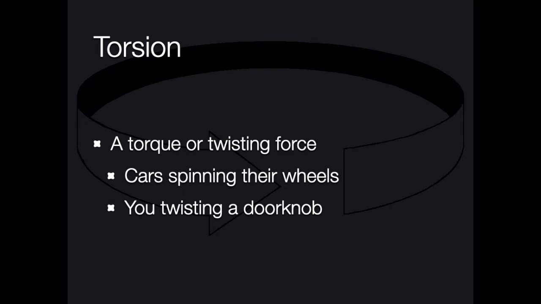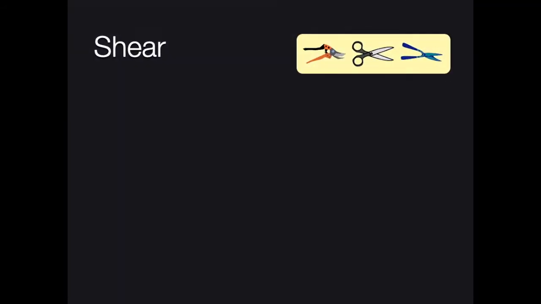Now our next force here is shearing. So shearing is a cutting force. So you can see those pictures. I've got metal shears, I've got fabric shears, I've got hedge shears. A lot of times when you've got specialty scissors, they're called something shears.